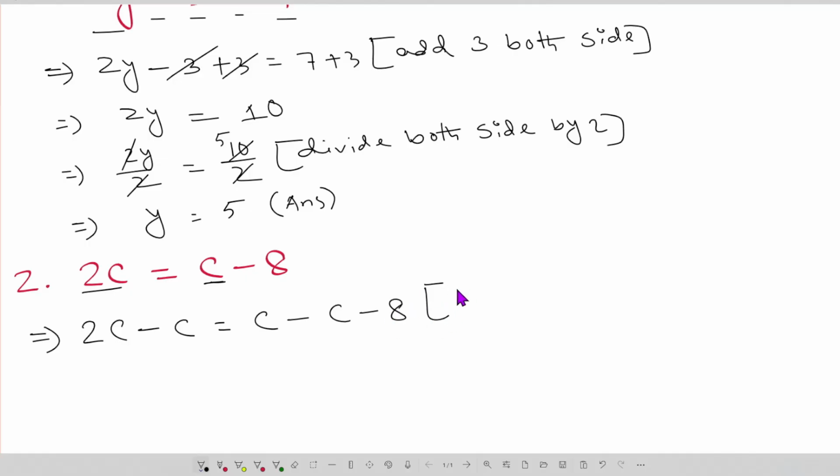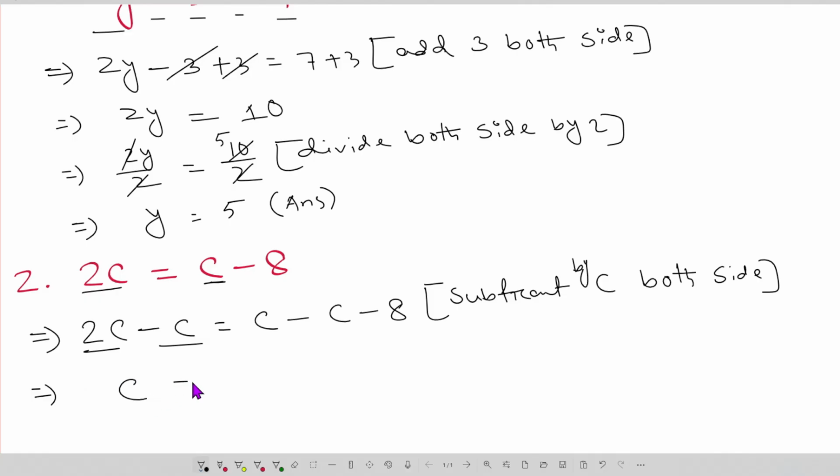We can write subtract c both sides. Subtract by c both sides. So 2c minus c will be c, and here plus c minus c out. Our result is minus 8.